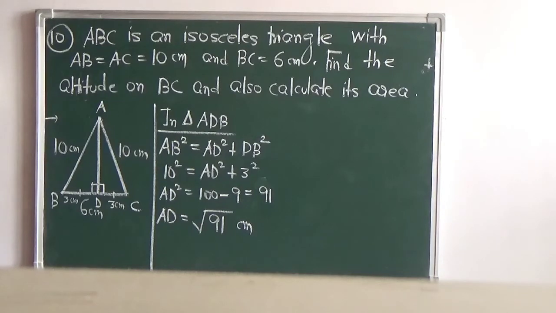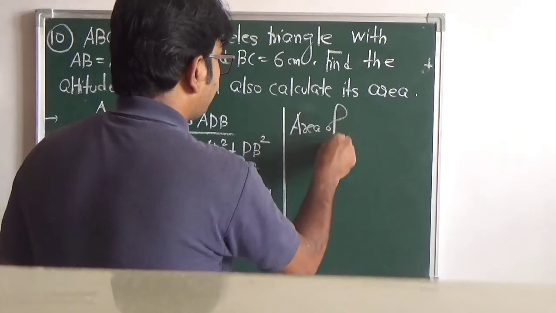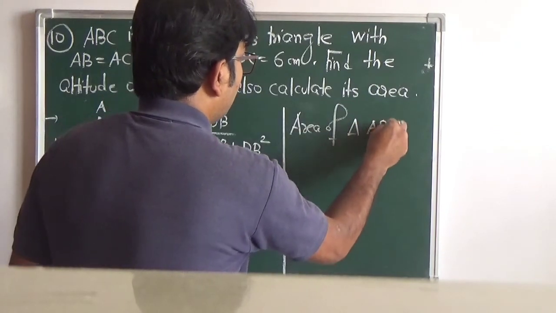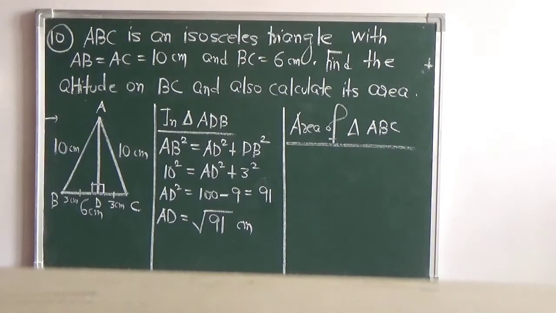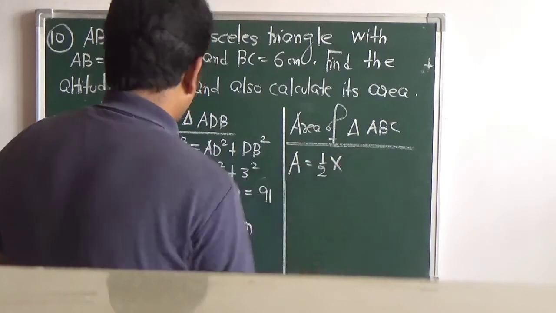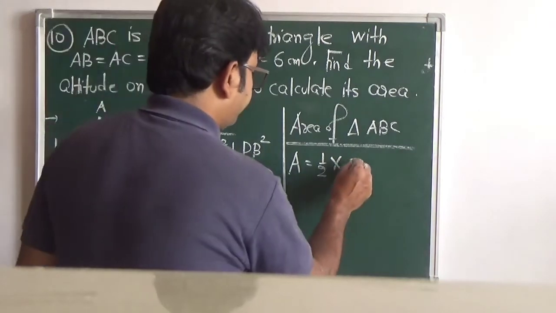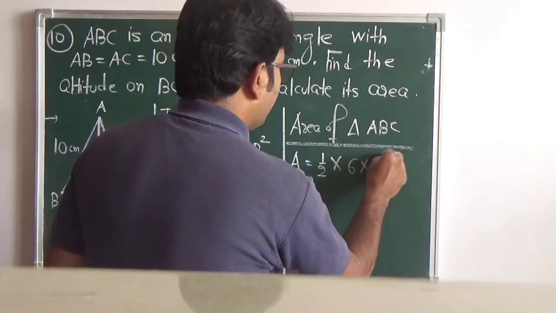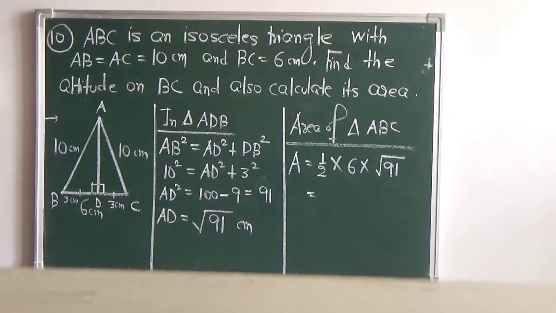Now we'll find the area of the triangle. The area of the triangle is half into base into height, we already know. So that area is given by half, the base is given as 6 centimeters, into root over 91. So try to find out the square root of 91, put the value and then multiply, you get the area of the triangle.